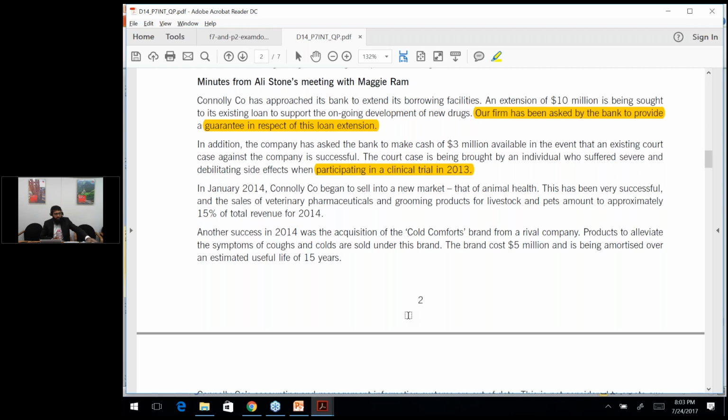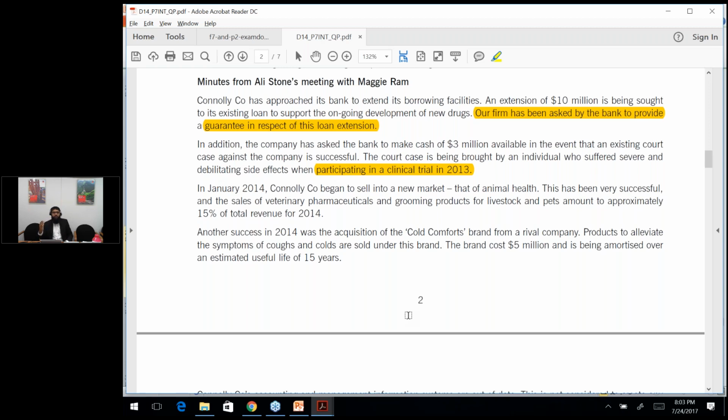Now I'm going to try and explain one thing to you. The entity has started entering into animal pharmaceuticals, and the venture has been successful. Now you see, when we face difficulties in our existing business and we try to enter into new markets, and if we get a good response from that new market, we end up losing focus on our existing business.